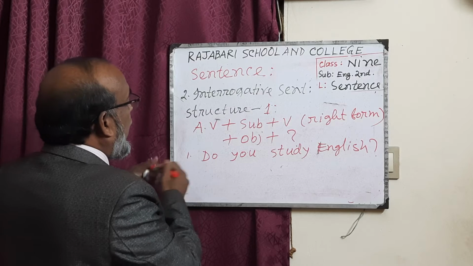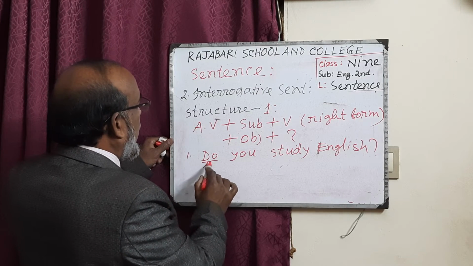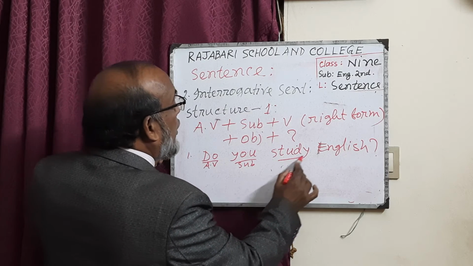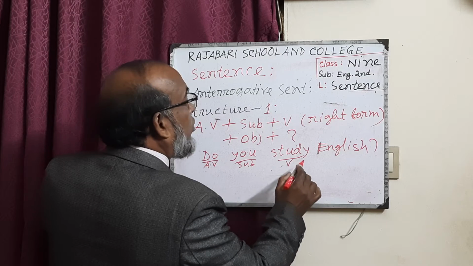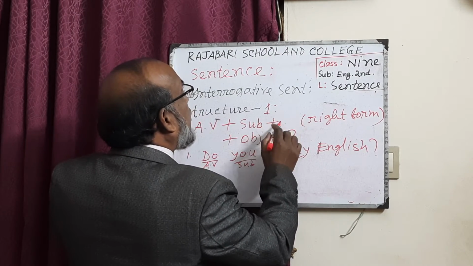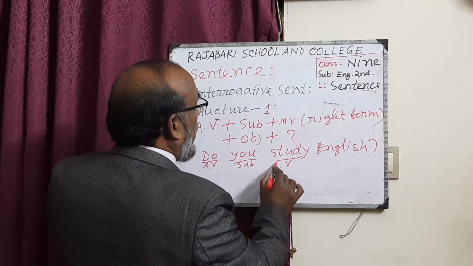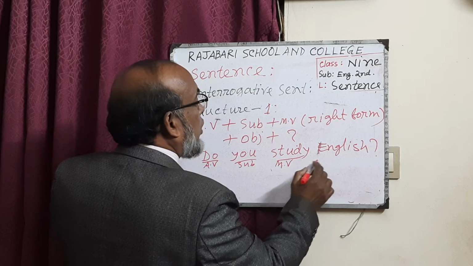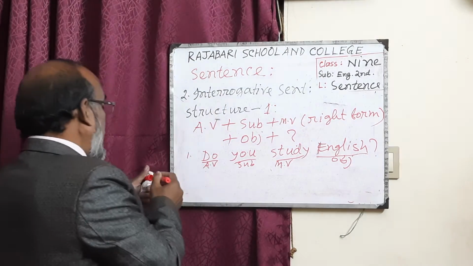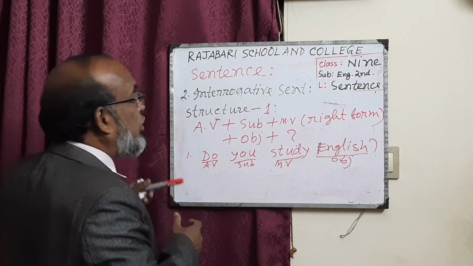Here you can see do is auxiliary verb, you is subject, study is verb, or I can write main verb, and then object. This is how you can make sentence by using any tense.